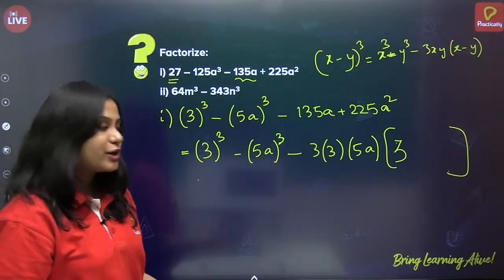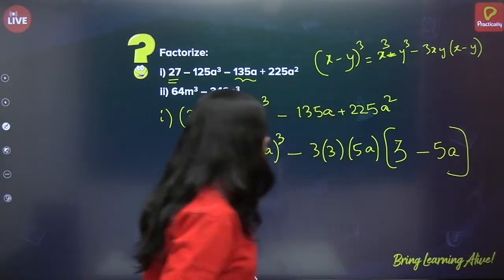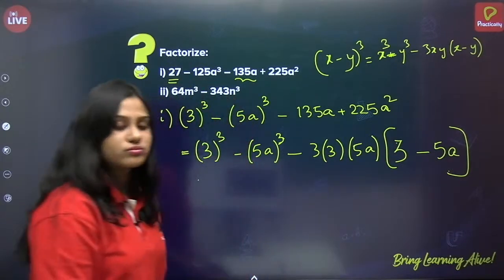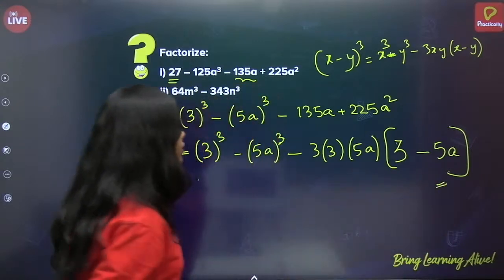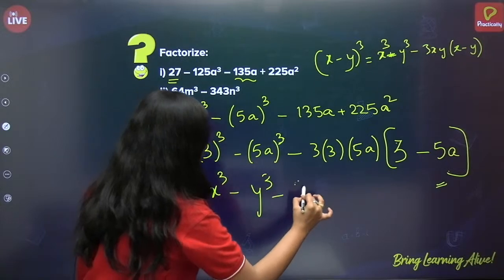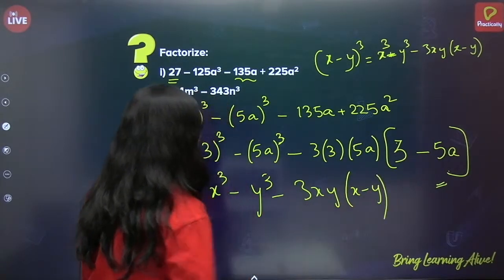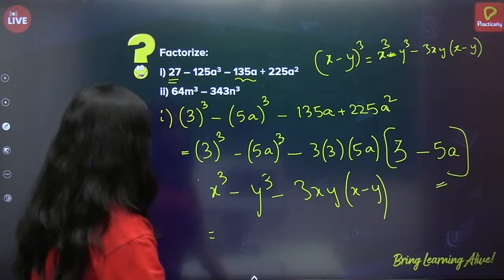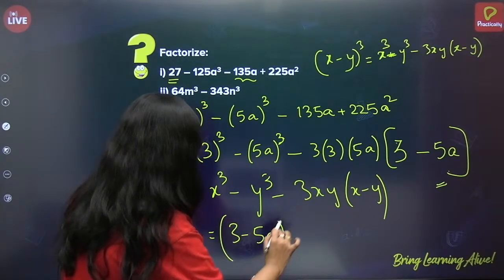And how to get 225a square? 3 3s are 9, 9 5s are 45, 45 into 5, or minus 45 into minus 5, is 225. So this is of the form x cube minus y cube minus 3xy of x minus y. Correct? So we can write this as 3 minus 5a whole cube.